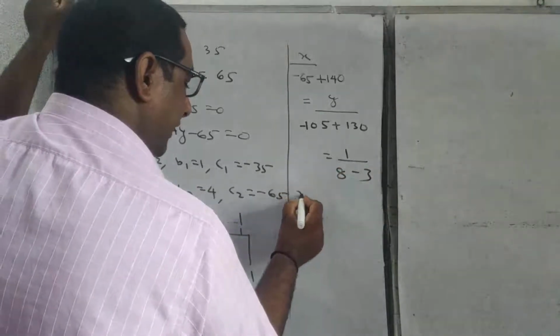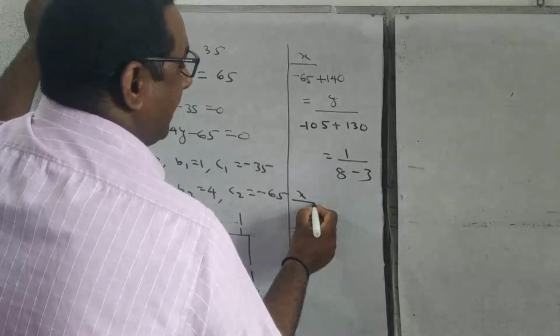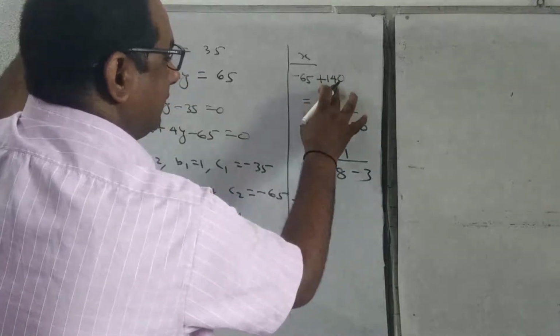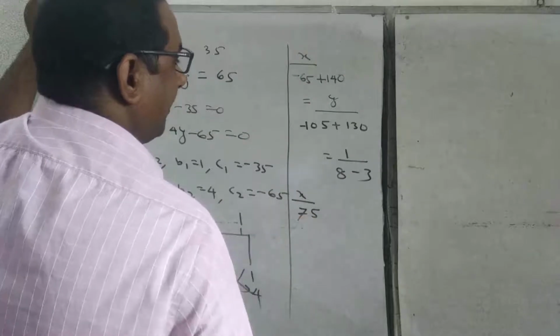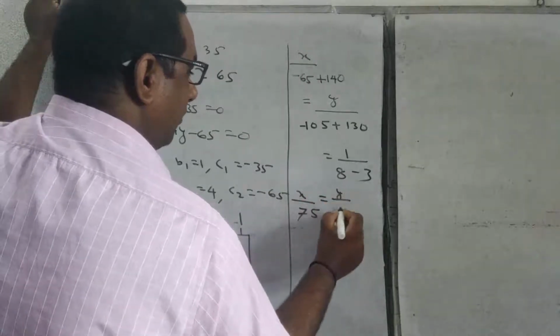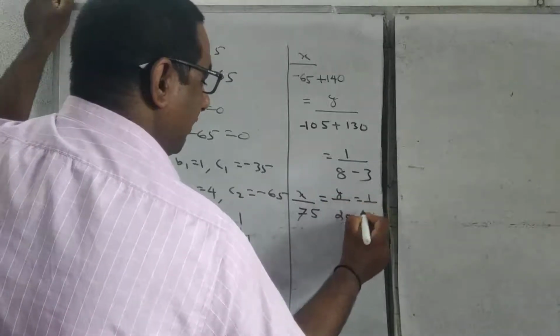So x upon, I think, 5, then this becomes 13, 75. This is y upon 25, and this is 1 by 5.